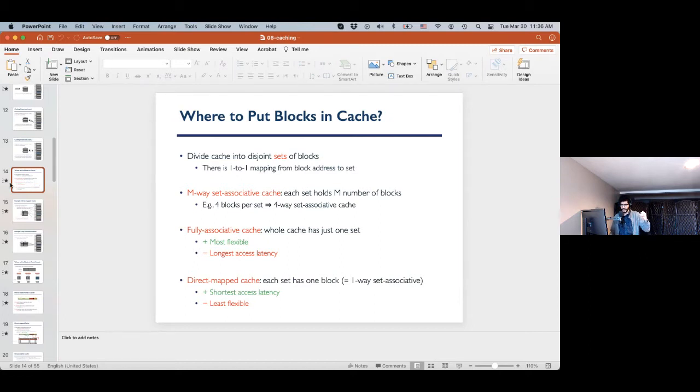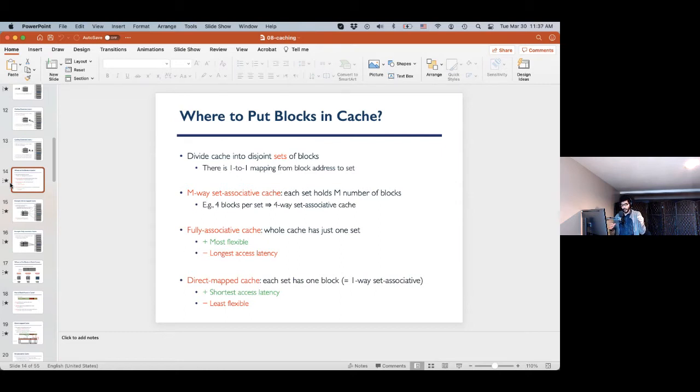If each set has m blocks, we say the cache is m-way set associative. If there is only one set in the cache, then you have a fully associative cache. If each set has only one block, then we have a direct map cache.